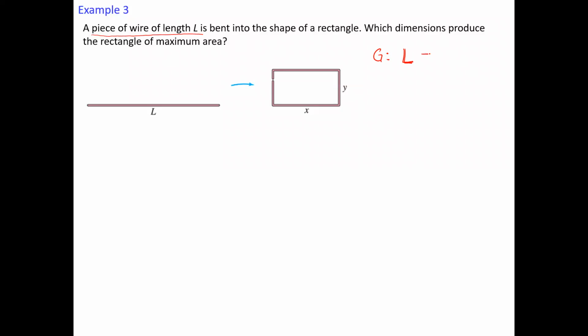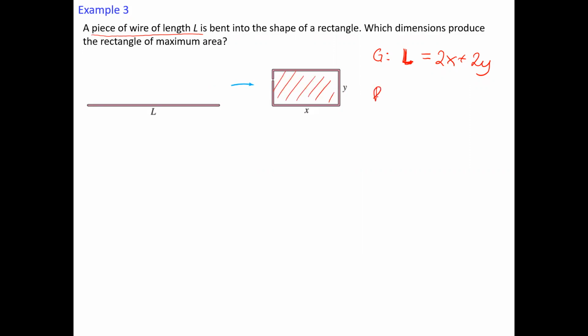But what we're doing with L, we're bending this and building the shape of the rectangle. The perimeter will be 2x and 2y. And we have to remember L is given, because L could be, I don't know, 50 centimeters, 100 centimeters, maybe 5 centimeters. L is given. x and y are the variables because we don't know what x and y are to maximize that area.